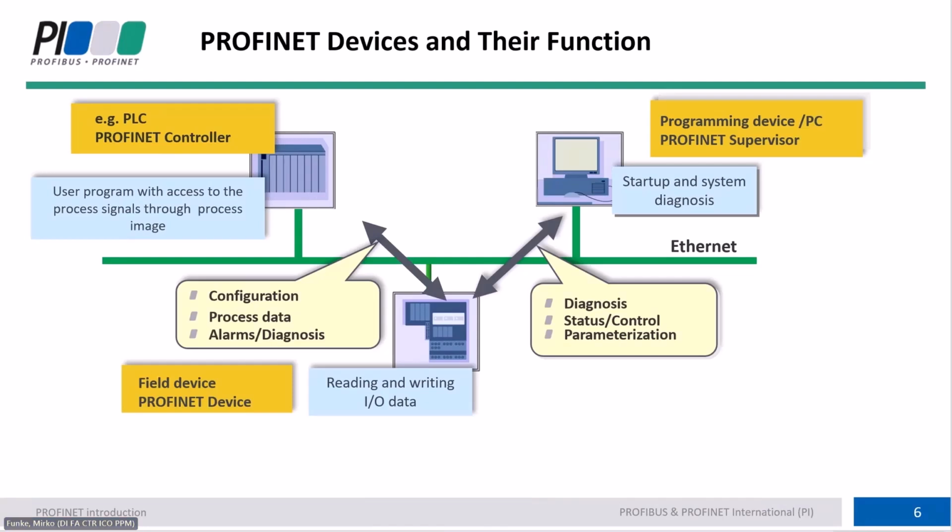So do it once and then it's there. That's why at each start of the station, it's not necessary to configure all of these parameters. That's why you do this once, and PROFINET gives you this freedom to do so.